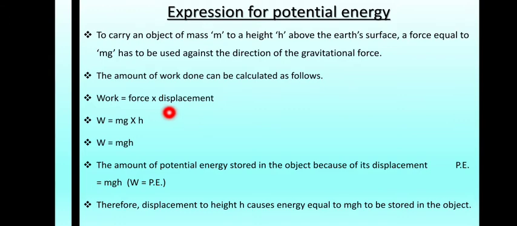Work is equal to force into displacement. Force is given by mass into acceleration. Here it is mg. This mg is not milligrams. This is mass into gravitational acceleration, into h, because that is the displacement. So work done will be mgh. So the potential energy stored in the object because of its displacement can be given by mass into gravitational acceleration into height. Followed?